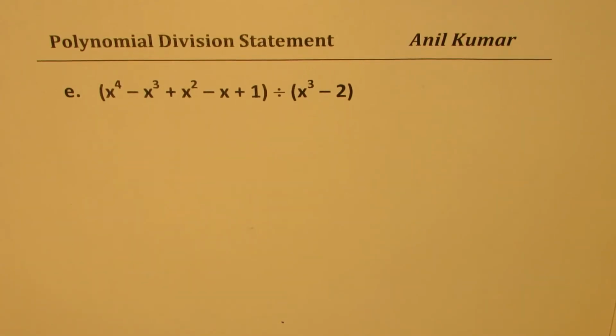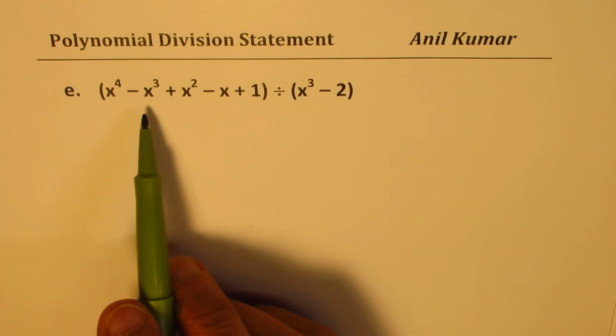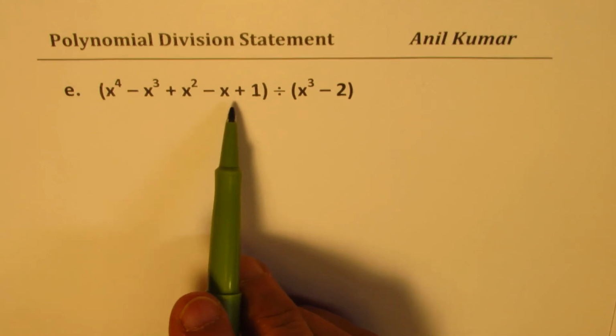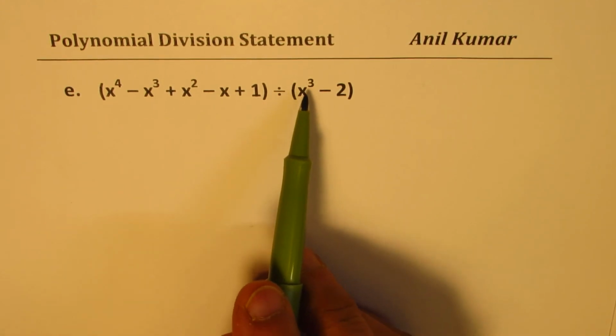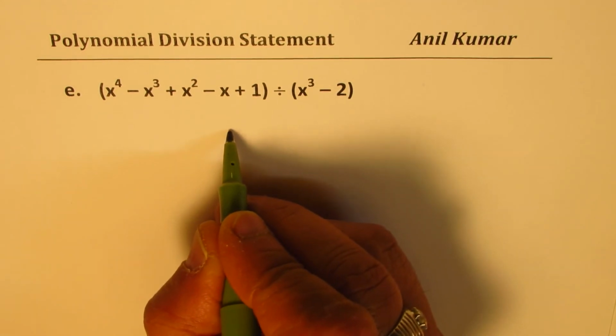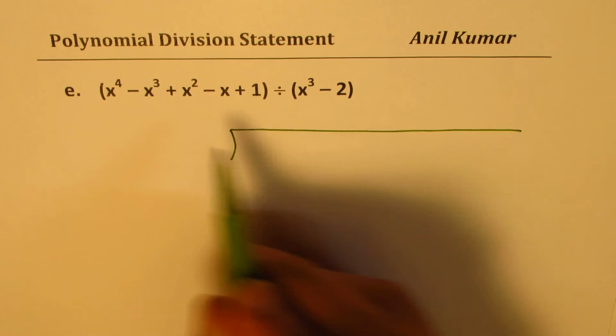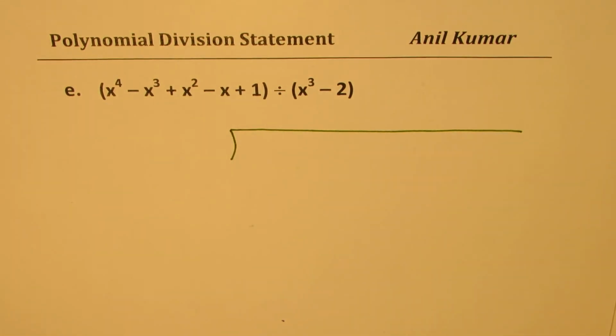Now here is the last question to divide. We need to divide x to the power of 4 minus x cubed plus x squared minus x plus 1 by x cubed minus 2. What do you suggest? How should we go about? Well, as far as the dividend goes, the numerator part, that is clear.